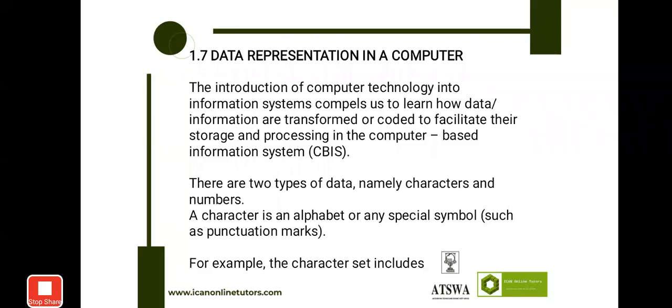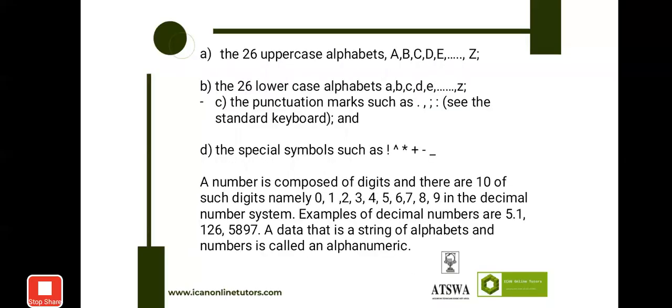So for example, character sets include the 26 uppercase alphabets. Uppercase means the capital letters. So we have A, B, C down to Z. Then we also have the 26 lowercase alphabets, a, b, c, d to z.